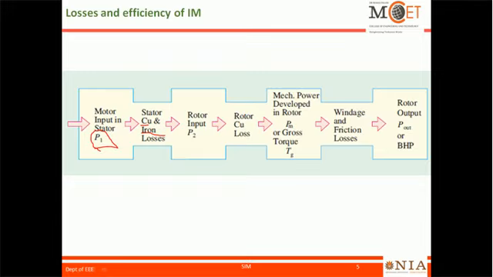So now, of the P2, that is the rotor input, some part is lost in the rotor winding in the form of rotor copper loss. The remaining power is the actual torque or power developed, denoted by TG, gross torque, or the mechanical power PM developed in the rotor.